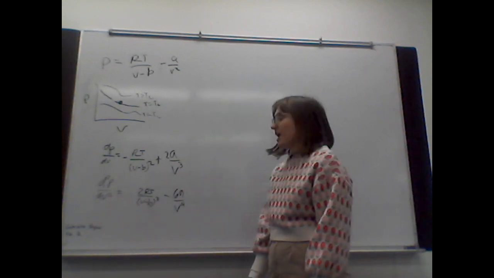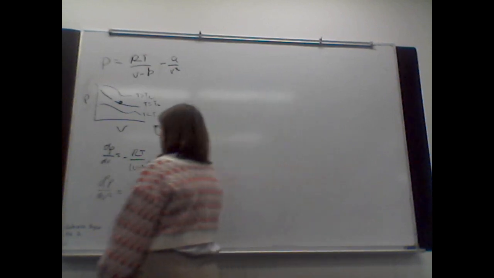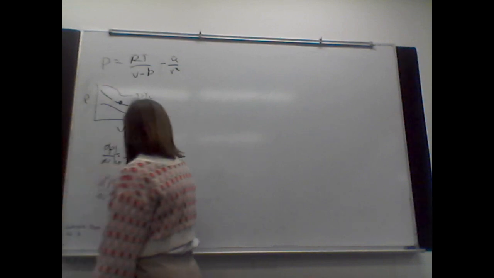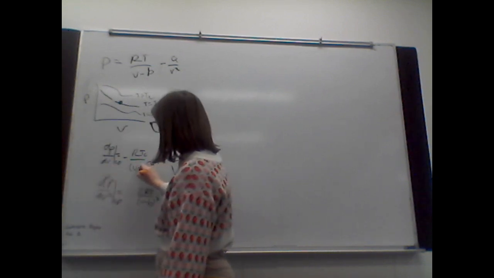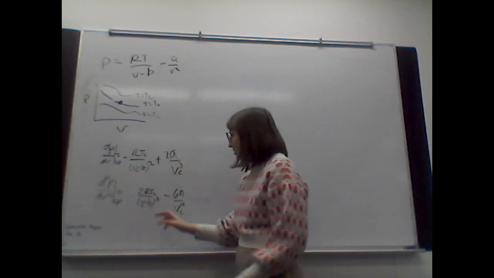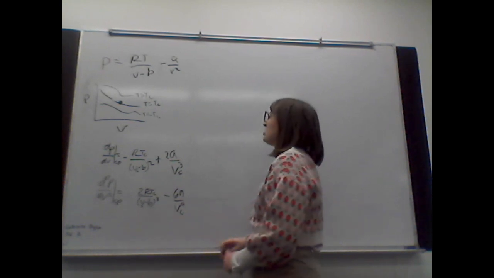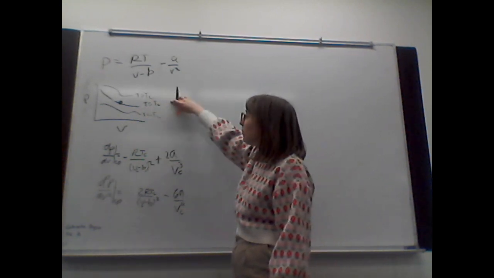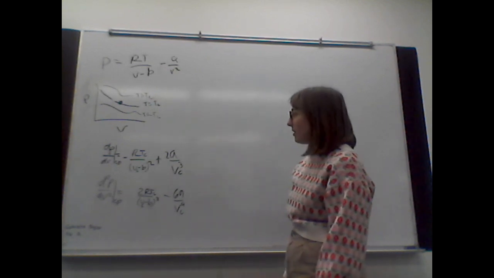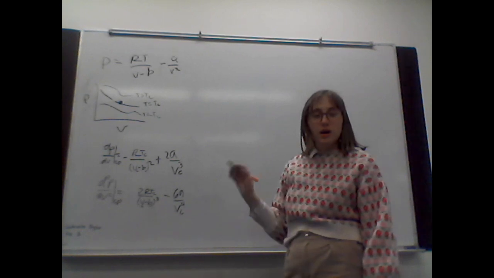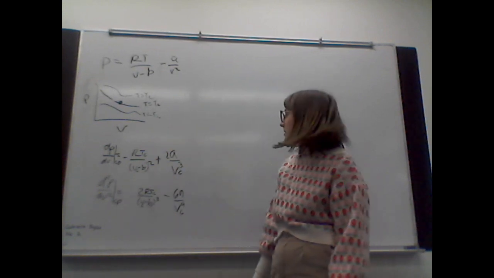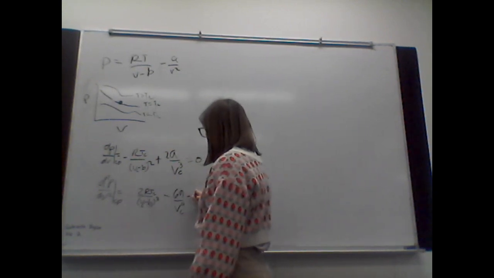Okay. And now we want to evaluate these at the critical point. So the temperature and the volume are going to both be at critical. So what did we find? That at the inflection point, the first and second derivatives are going to be equal to 0, and that is at the critical point. So since we put our temperature and volume both at the critical point, that means we can make these equal to 0.